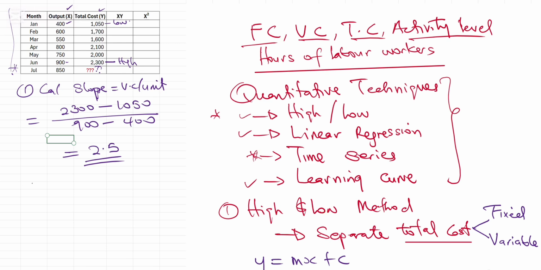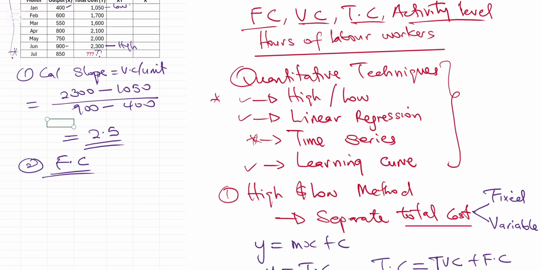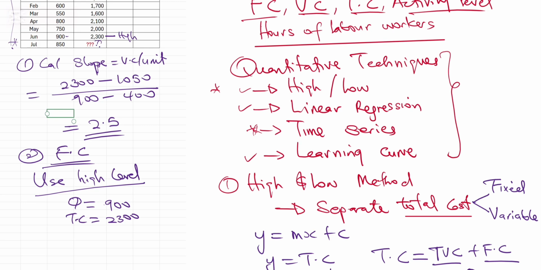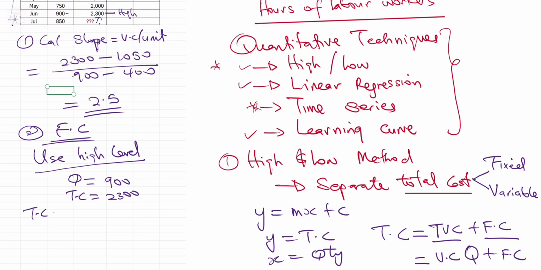The next step, which is step 2, is to calculate the fixed cost. What you must always do is to use the high level. Please take note, always use your high level to determine the fixed cost. And at high level, we have quantity to be 900. Remember, Q is 900 and total cost is 2300. And we know that total cost is equal to fixed cost plus variable cost per unit times quantity.